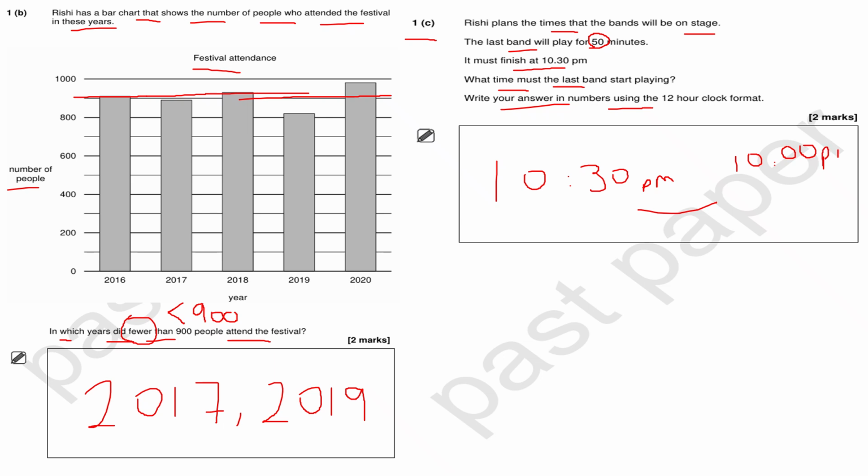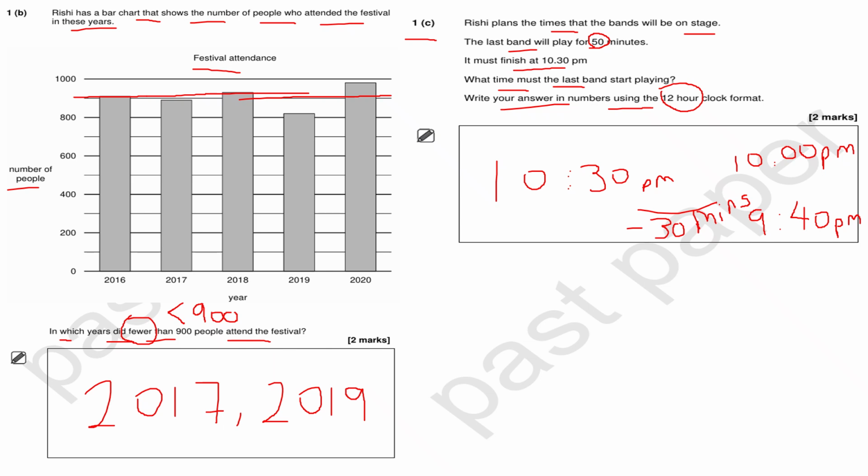So if I take off 20 minutes from 10 p.m., you get 9:40 p.m. The answer we get is 9:40 p.m. as our final answer, using the 12-hour clock format. Hopefully that makes sense. I've taken away 30 minutes there, and then another 20 minutes takes us down to 9:40 p.m., because I was working with 60 minutes.